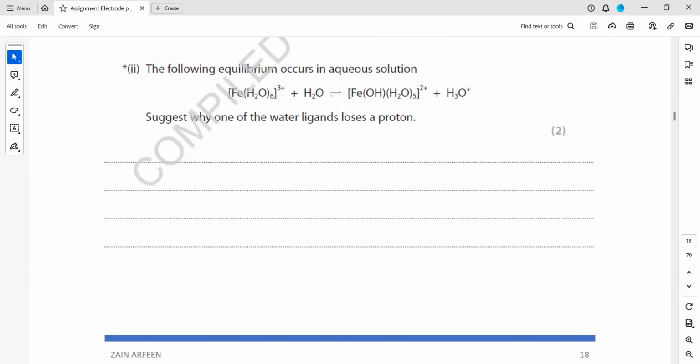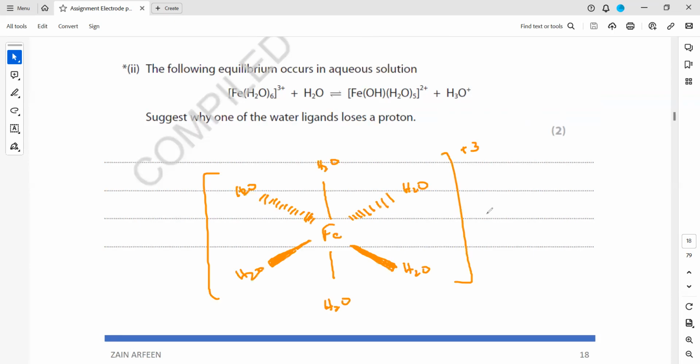The main idea is that when the water is a ligand, this iron, and this is a water molecule, the lone pair is there, and this is partial positive. Now what will happen? The lone pair is attracted towards the iron, and that is a dative bond.